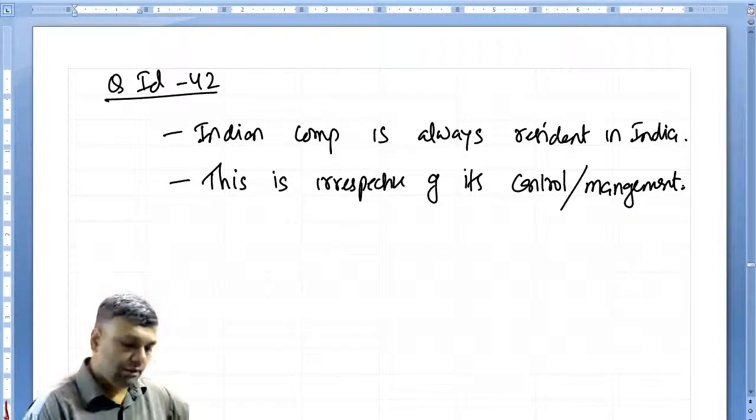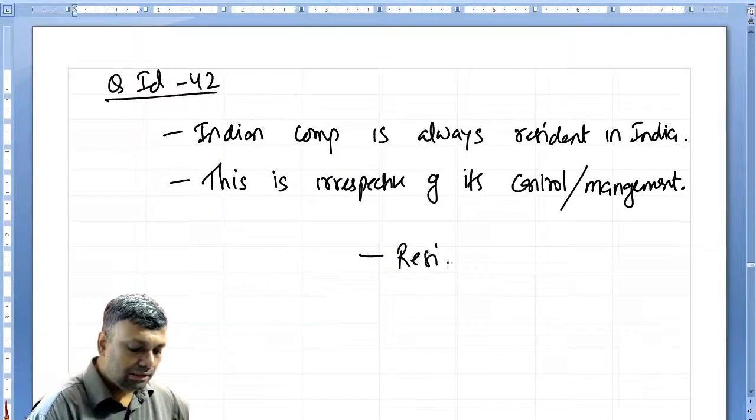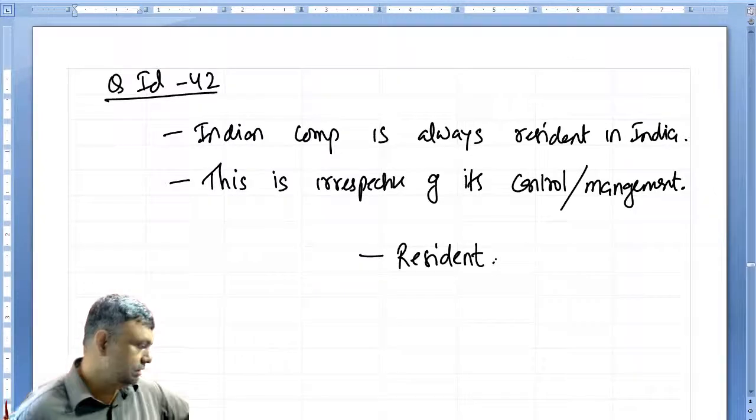So it is always resident. So what is the answer? The answer is it is resident in India. Full stop.